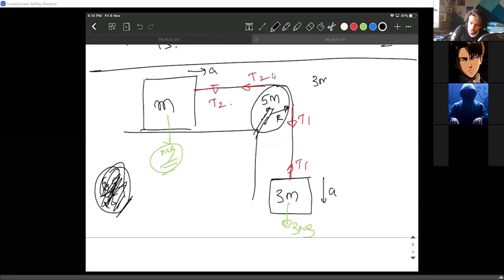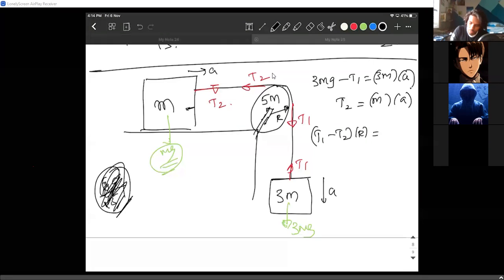So 3mg minus T1 equals 3m into A. The second equation, T2 equals m into A. The pulley's equation, T1 minus T2 into R equals 5mR square by 2 alpha. You solve all these equations. Mazida just gave the same answer that I gave. She copied. So if you solve it, you'll get acceleration as 6g by 13, guys.